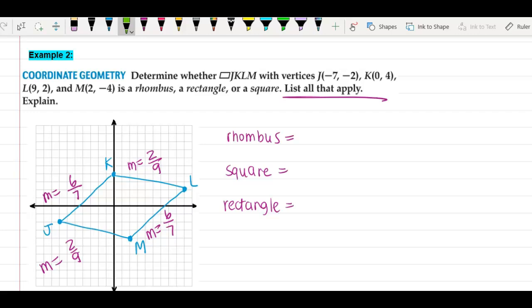It would be way more obvious if they were perfect right angles. This is kind of like a stretched parallelogram. That's not to say that the sides aren't equal to each other. That could still be true, but we don't have 90-degree angles. And if we don't have 90-degree angles, then we can already eliminate square and rectangle. So no 90-degree angles already eliminates.